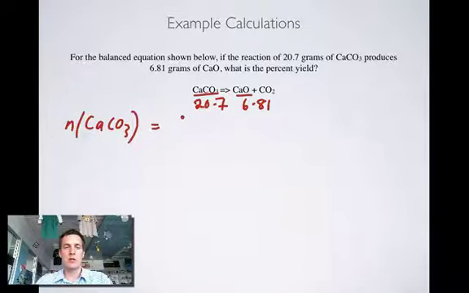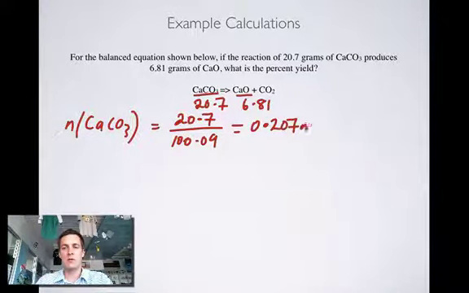That equals the mass over the molar mass, so 20.7 over 100.09, which equals 0.207 moles. Why am I doing this? Because I'm trying to compare this to the actual mole ratio, which is 1 to 1.